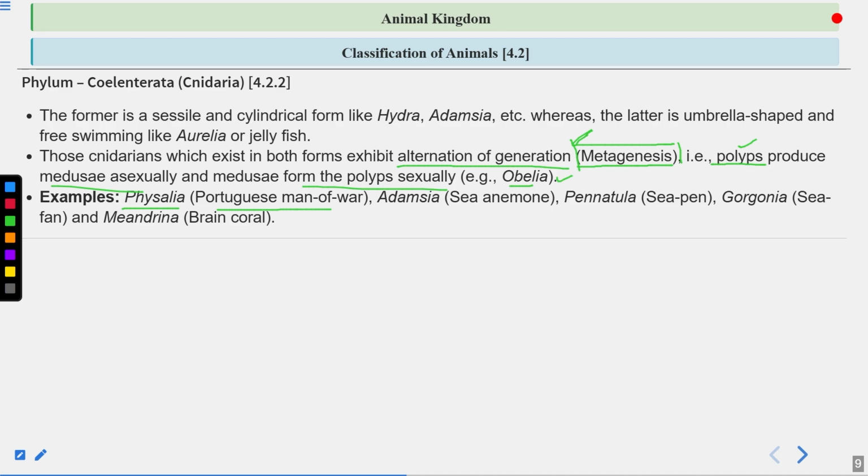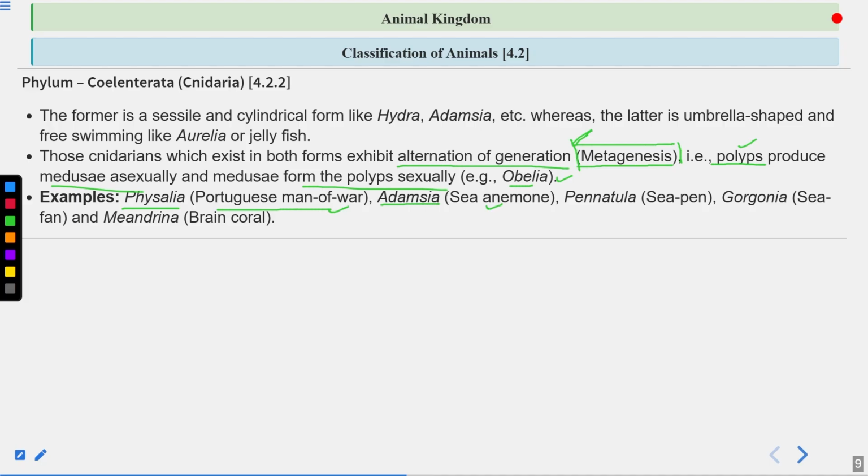It is considered to be the same species as the Pacific man of war or the blue bottle, which is found mainly in the Pacific Ocean. Right? So they are hermaphrodite. Yes, they are hermaphrodite. So we have the Physalia, commonly called the Portuguese man of war.